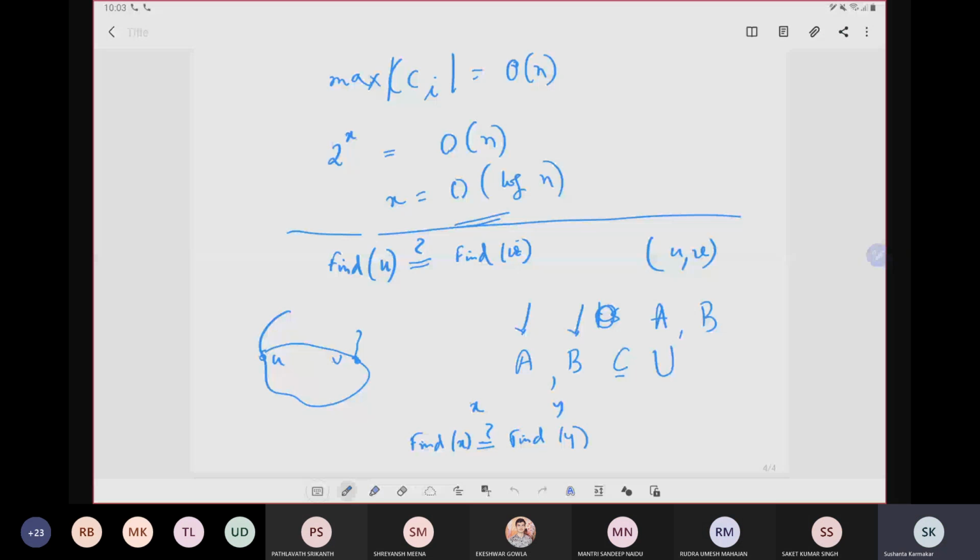We proposed two implementations of the union find data structure in the last class.